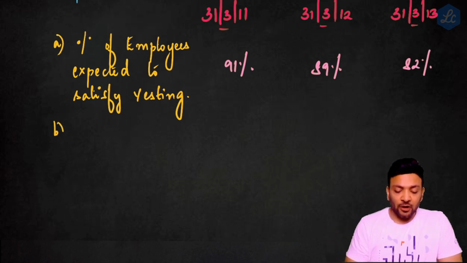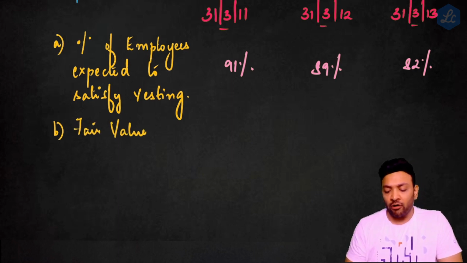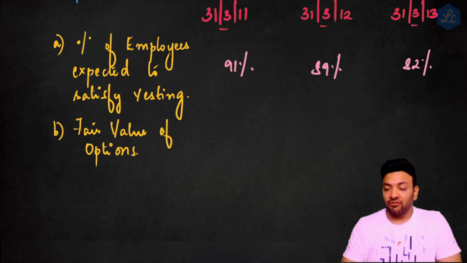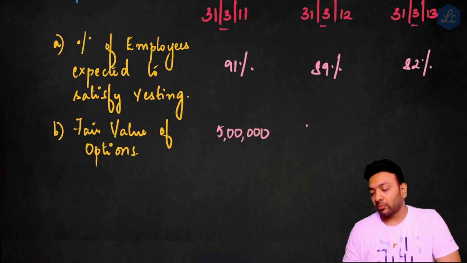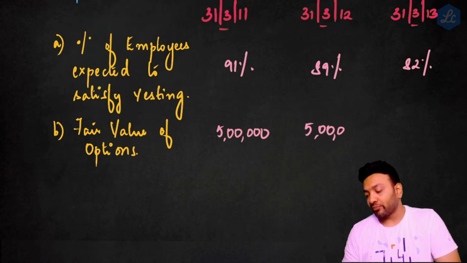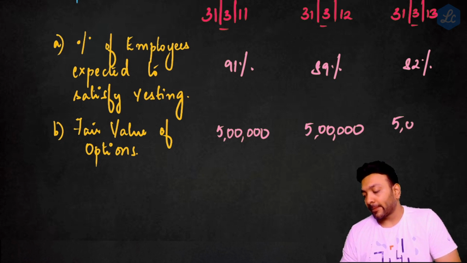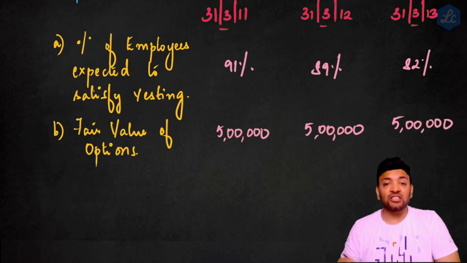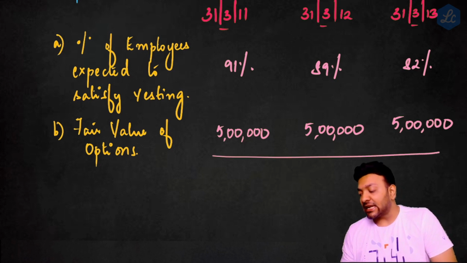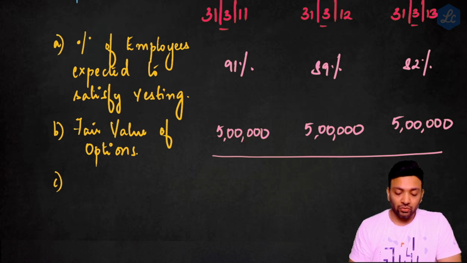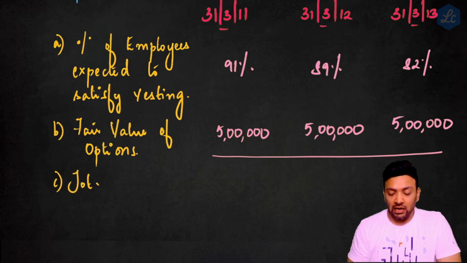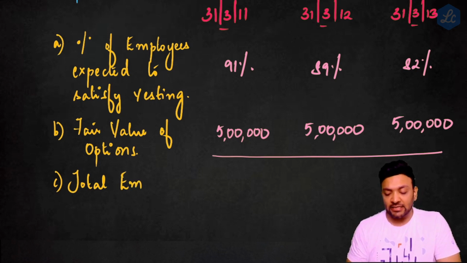You know what is the fair value of option? Just write down. Fair value of options which are granted, 5 lakhs throughout, no doubt about that. Now, out of this 5 lakhs, only a certain percentage of employees are expected to satisfy the vesting. Therefore, total employee benefit expense.